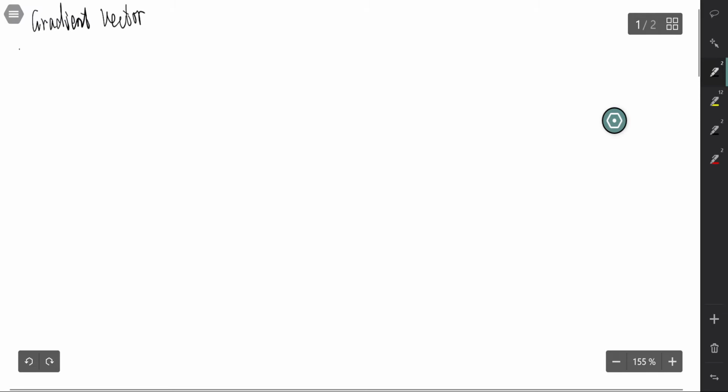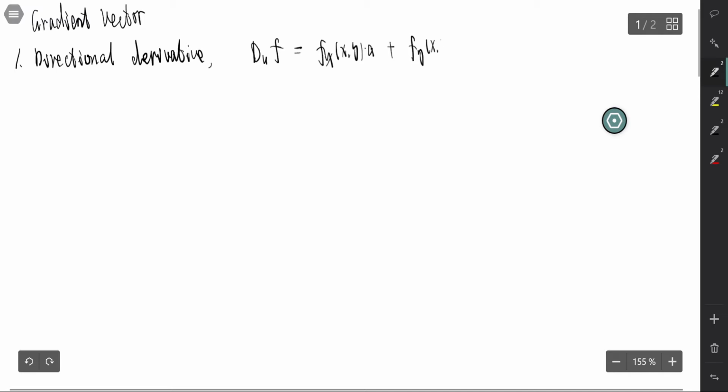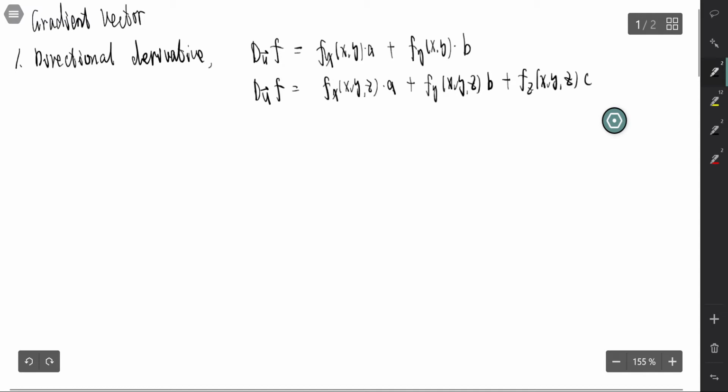From the definition of directional derivative, we have D_u f, that is f_x(x,y) times a plus f_y(x,y) times b in 2 dimensions, and in 3 dimensions, f_x(x,y,z) times a plus f_y(x,y,z) times b plus f_z(x,y,z) times c. That's the directional derivative.